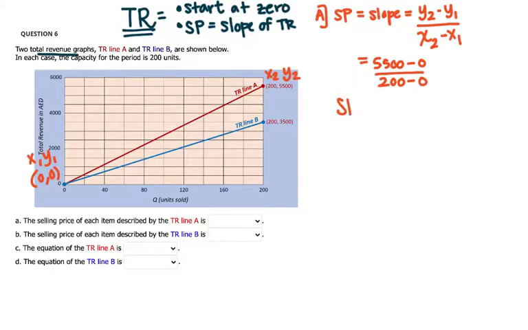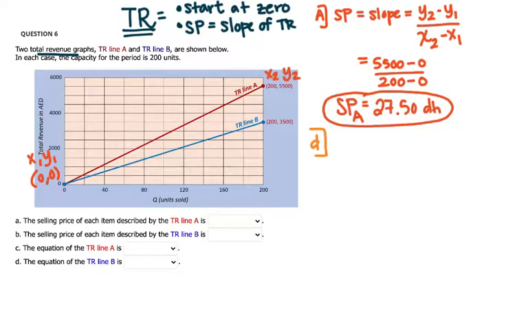And we get the selling price for this product A, my calculator says 27.5. I'll write 27.50 since we're talking about money. It will always have 2 decimal places. So in my business, that is what I am selling the product for, $27.50.